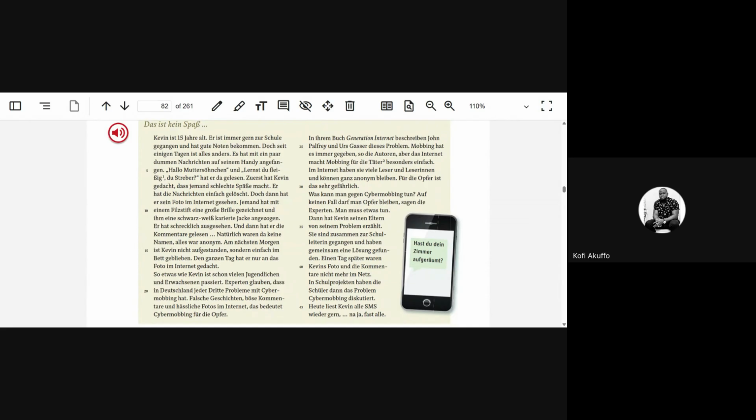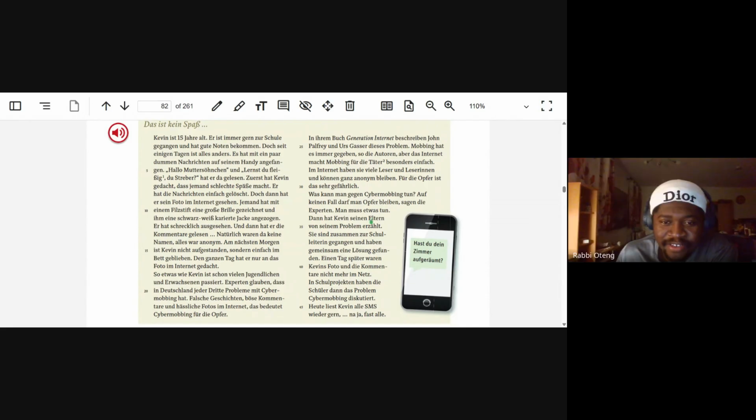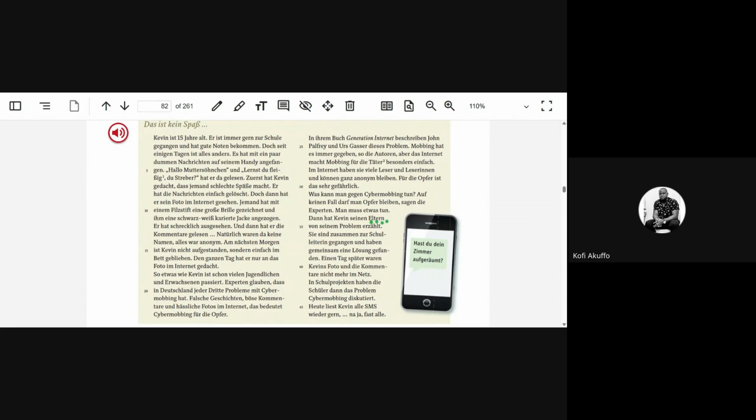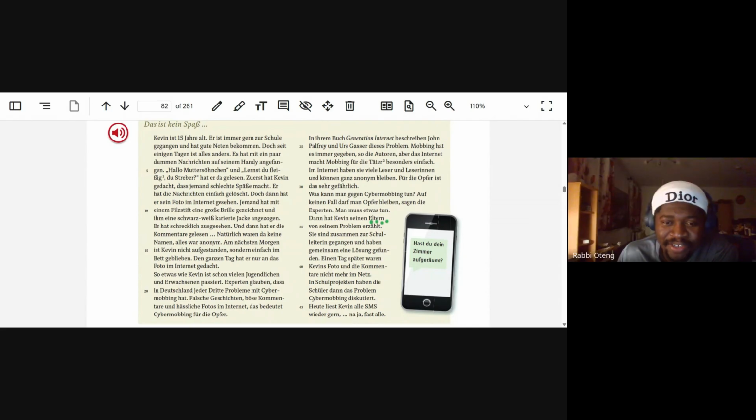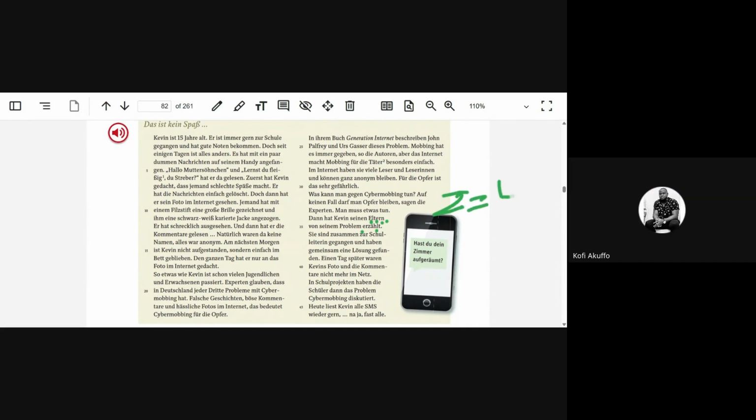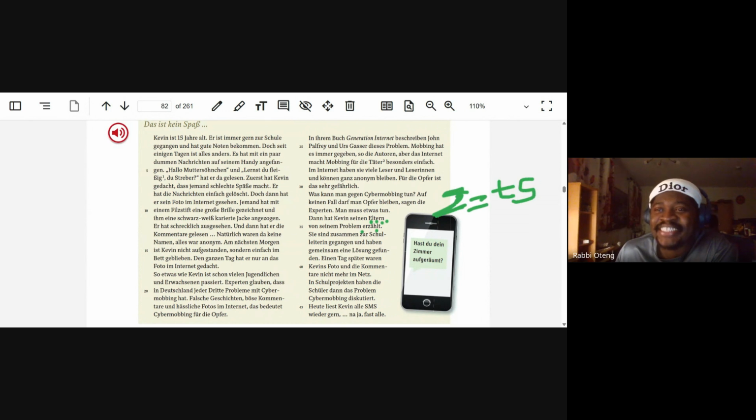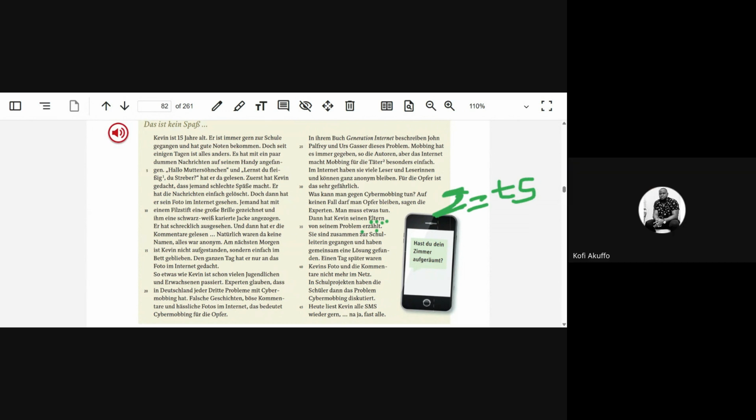Dann hat Kevin seinen Eltern von seinem Problem erzählt.